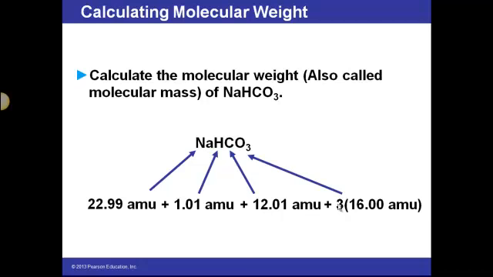And there's 3 oxygens, so we have to multiply 16 times 3. Then we take the sum of all these individual masses, and that gives us the overall mass of the full compound, which would be 84.01 atomic mass units.